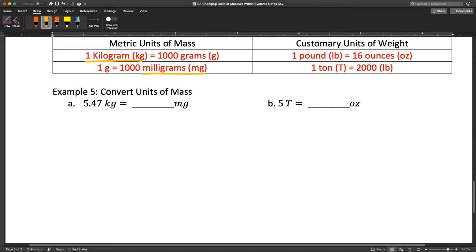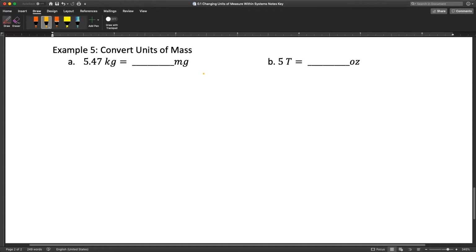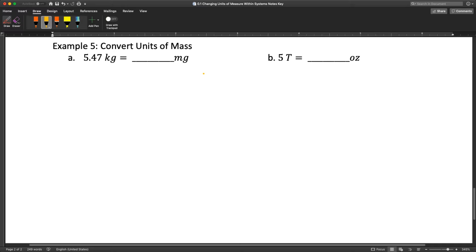I need to convert my kilograms to grams first. Notice when you convert kilograms to grams, there are 1,000 grams in 1 kilogram.